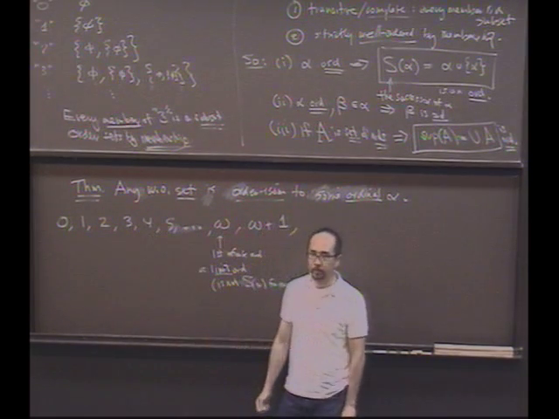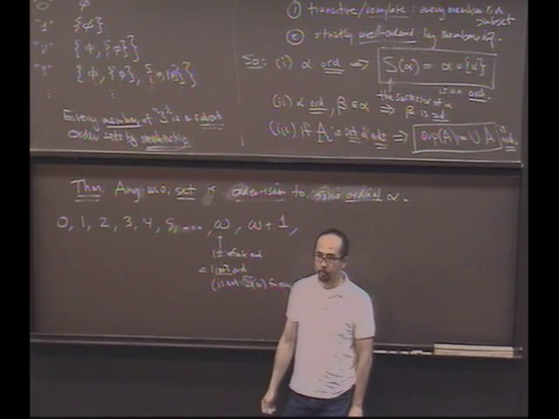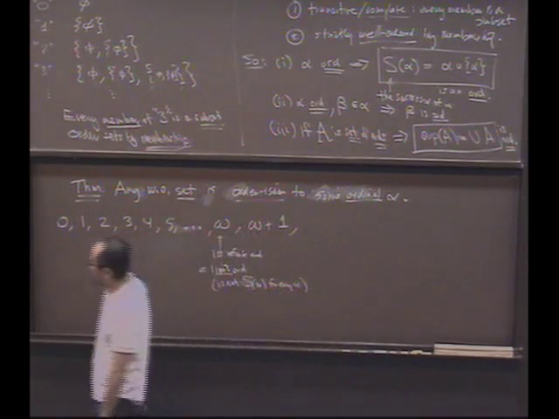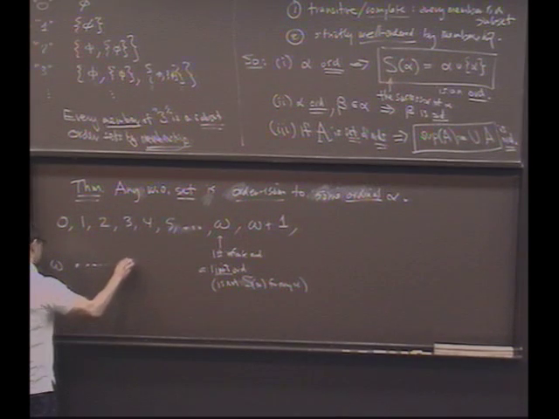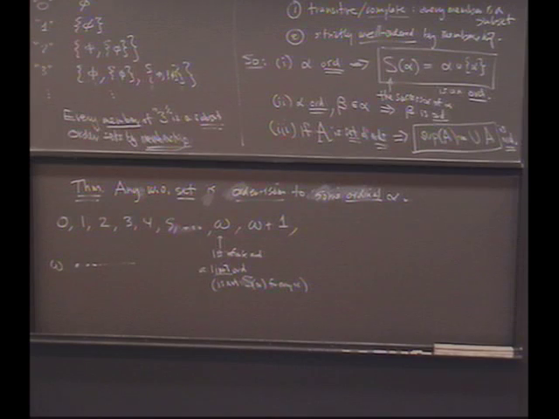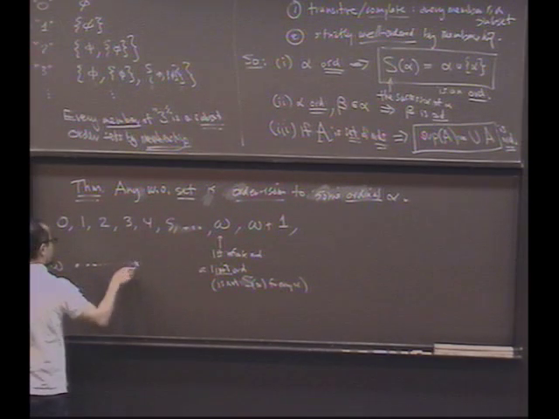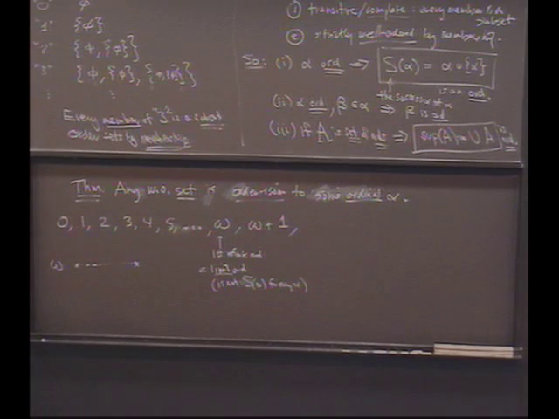Okay, Willie? I'm wondering why omega is not order isomorphic to omega plus 1. Oh, it's not order isomorphic? Because the picture of omega is like this. And we think of the next thing as the union of all the things previous to it.